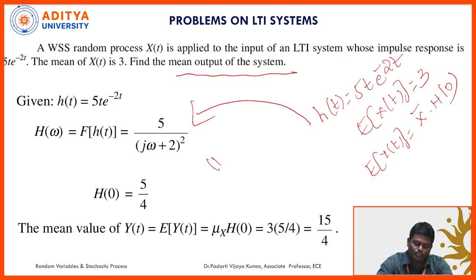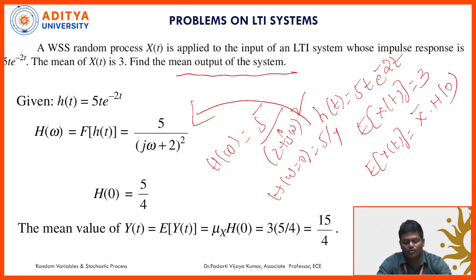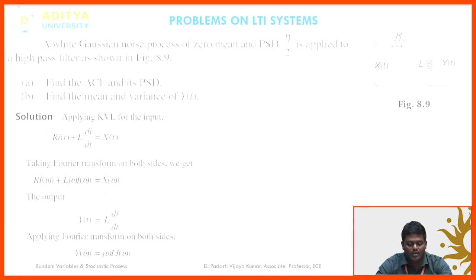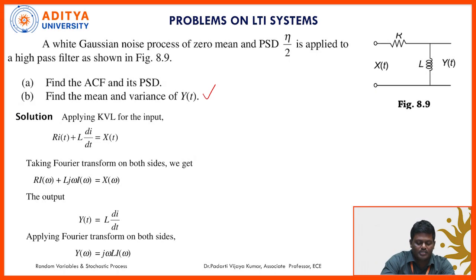The Fourier transform for this one is 5 by (2 plus j omega) whole square. So, at omega equal to 0, its value is equal to 5 by 4. The mean value of output is mu x into H of 0, which is equal to 3 into 5 by 4, that is 15 by 4.